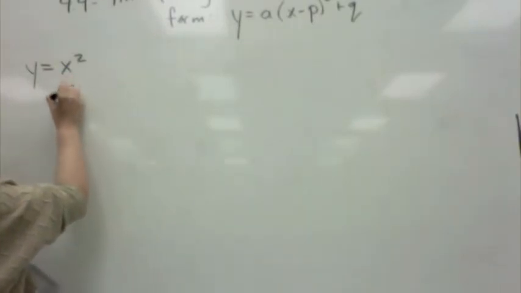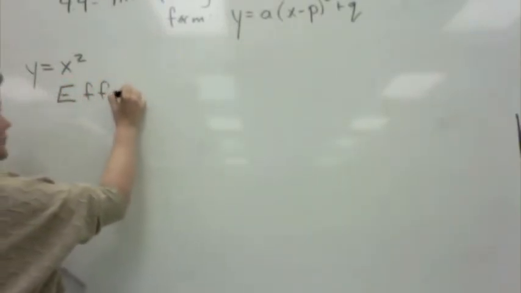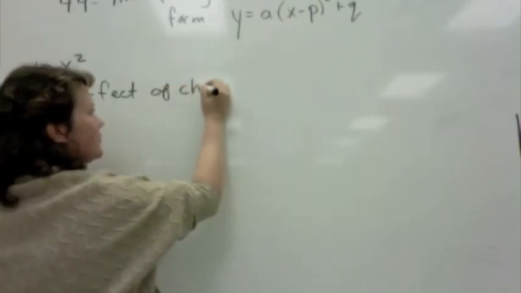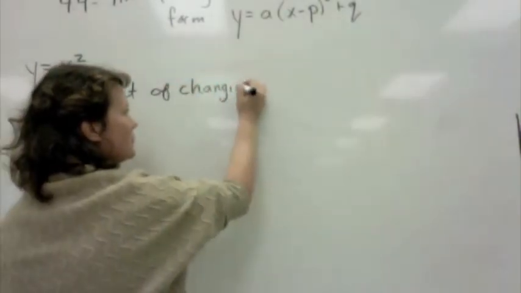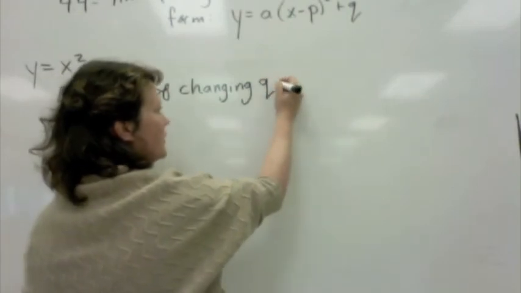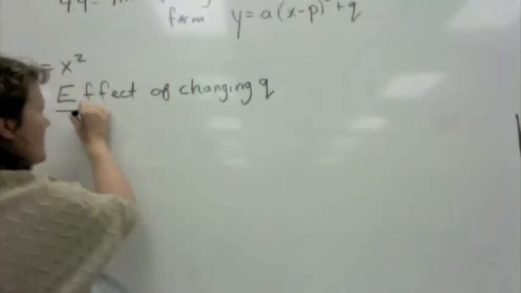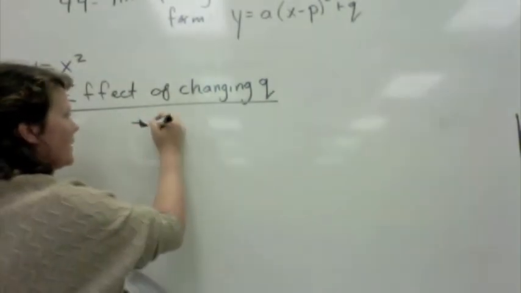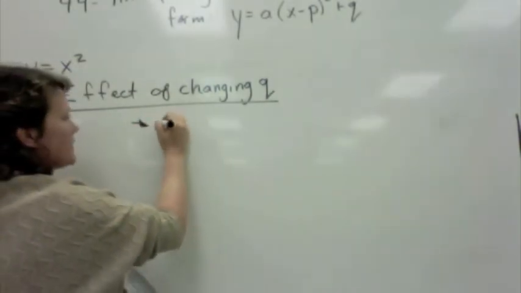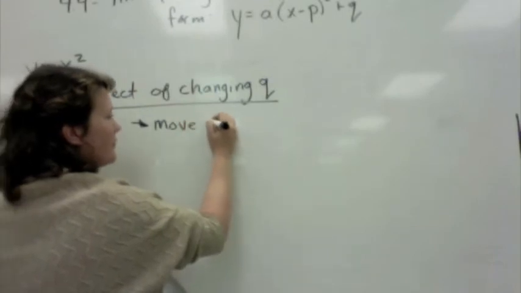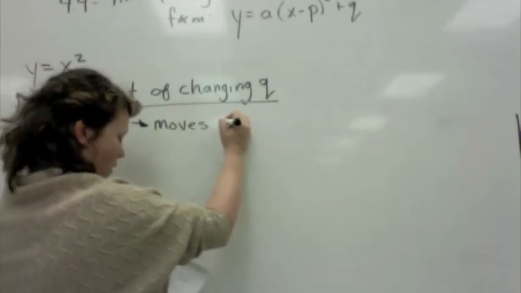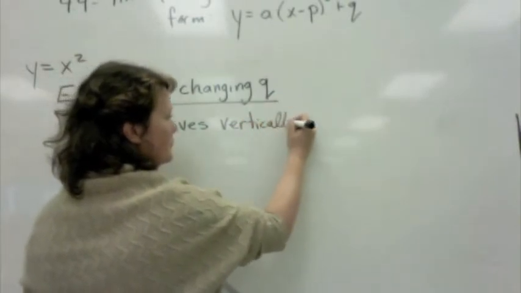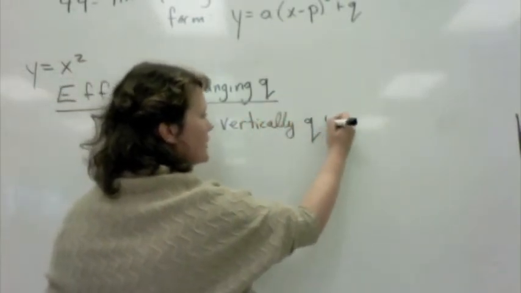So when we're talking about the effect of changing q, what this does is it simply moves the graph vertically q units.